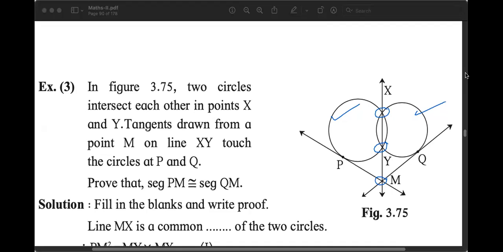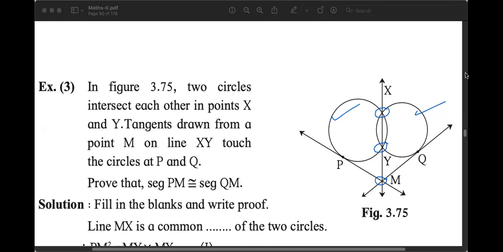One tangent is PM or MP, which is a tangent to the left hand side circle, and the other tangent is MQ or QM, which is the tangent to the right hand side circle. Yes, Karina. Yes, Chand. Correct.